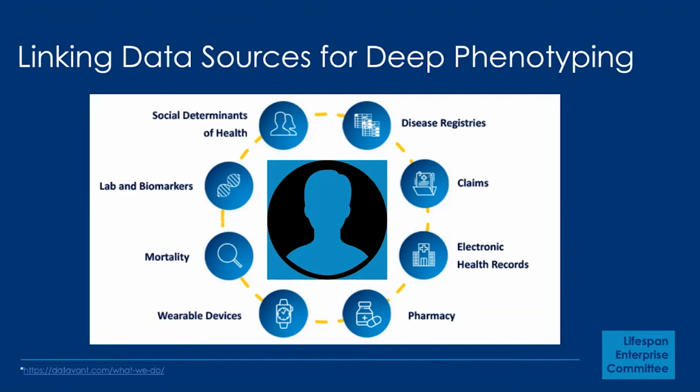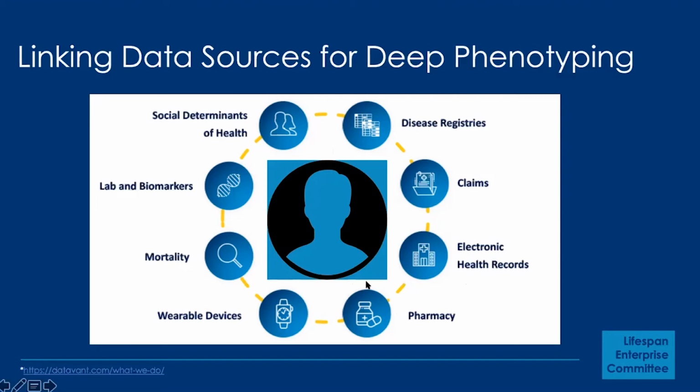We can get information from disease registries, claims data, electronic health records data, pharmacy data, wearable devices. We use administrative mortality data, labs, biomarkers, social determinants of health, and there's a wide variety of data sources that we could add to this picture of what each individual's life looks like.